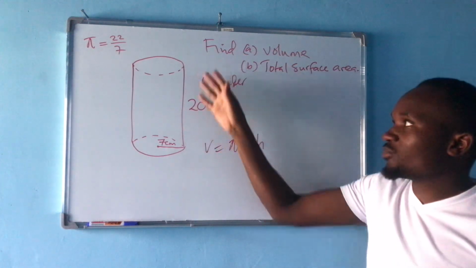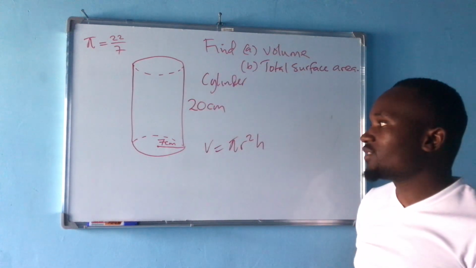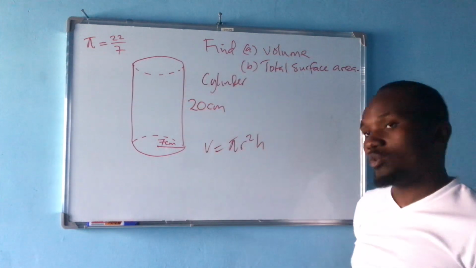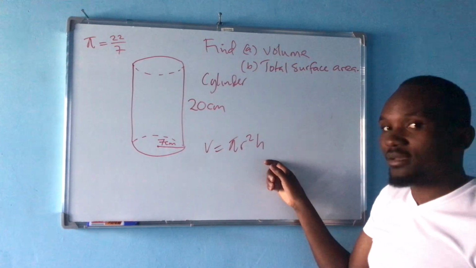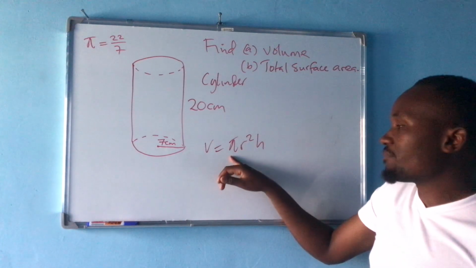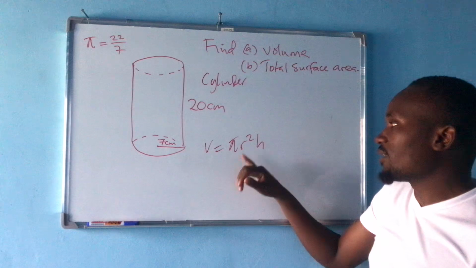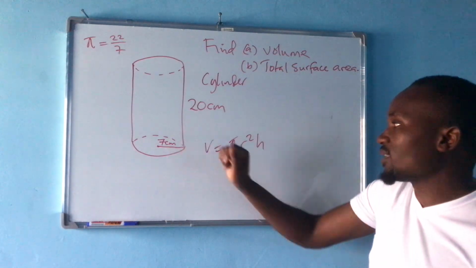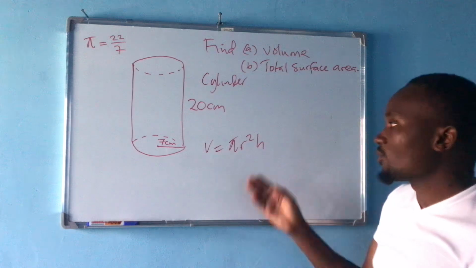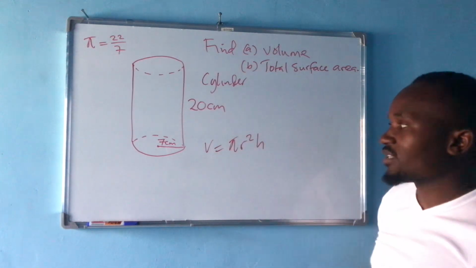For this cylinder that has a radius of 7 and a height of 20, we will use this formula. V for the volume, the pi has already been given, r is the radius, and we also have the height, which has been given.